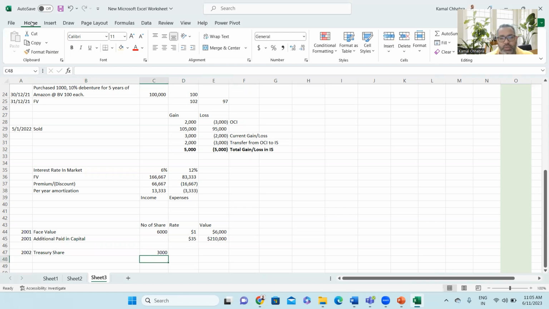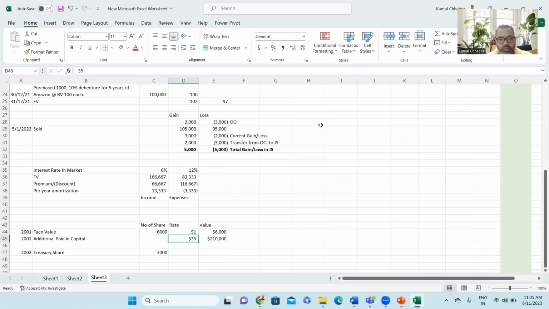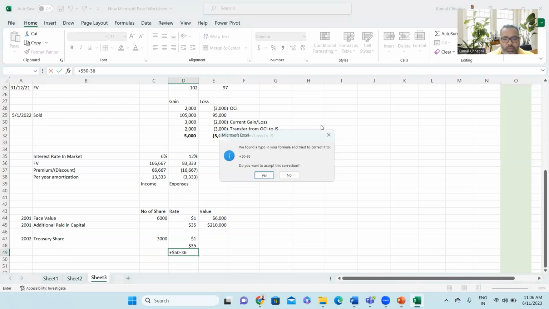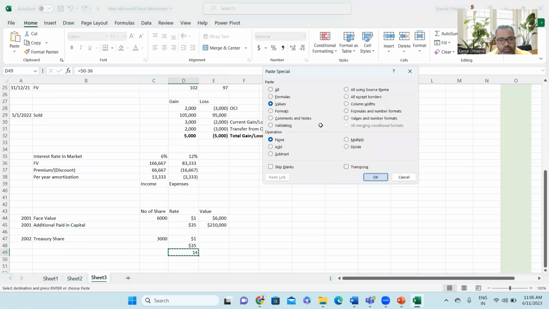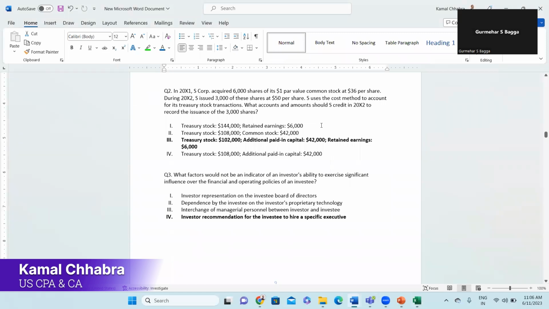How much? 3,000 at 50, so 3,000 is to 1, plus $50 minus 36. Did they issue or acquire? Acquire. They acquired 6,000, right? Yes, 6,000 acquired and after that 3,000 reissued. Reissued once again.